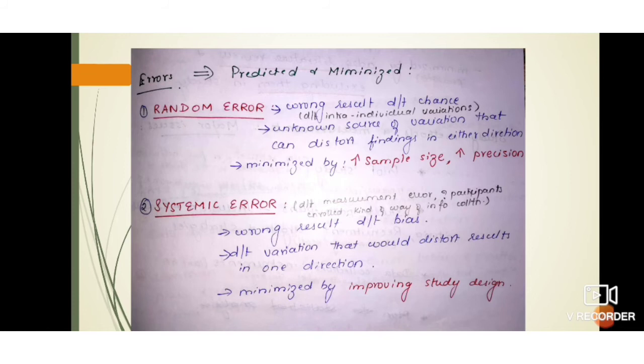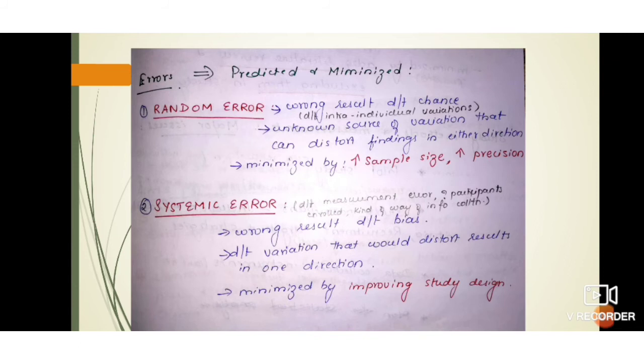Random error is a wrong result due to chance, because there may be intra-individual variations, like one human is not the same as another, and such variations due to chance may cause random error. This may be due to an unknown source of variation that can distort the findings in either direction.